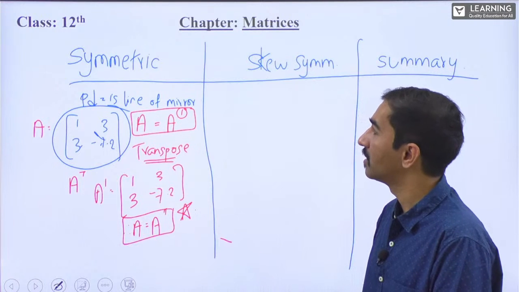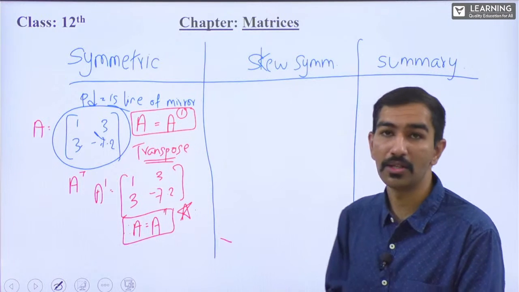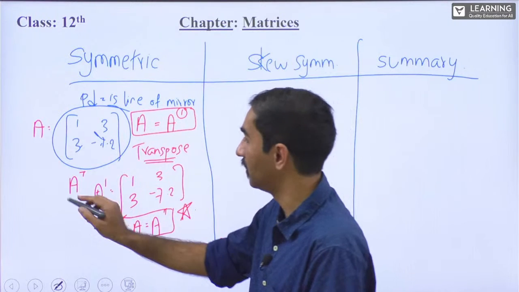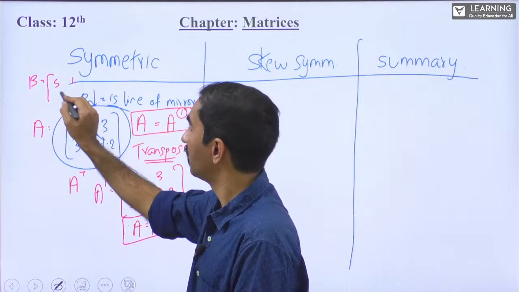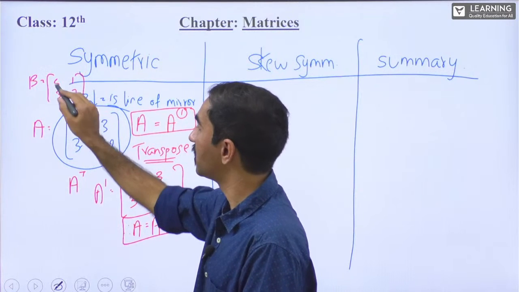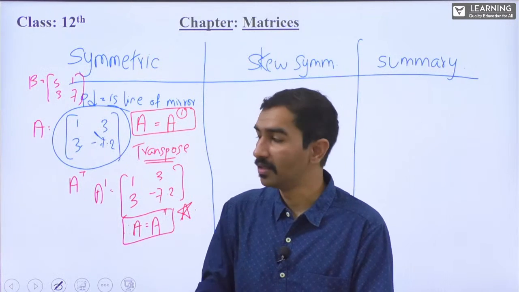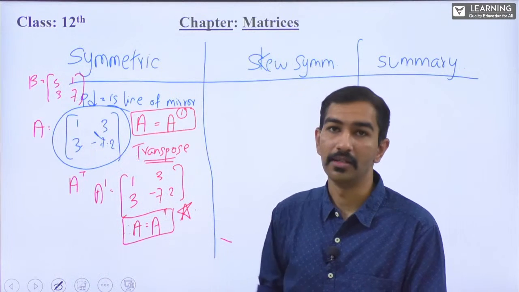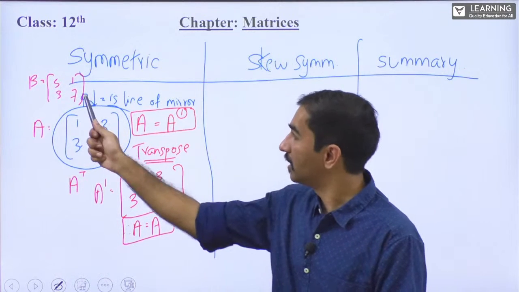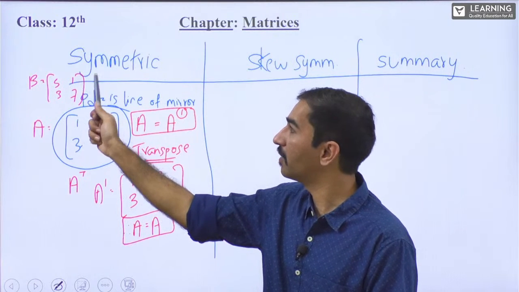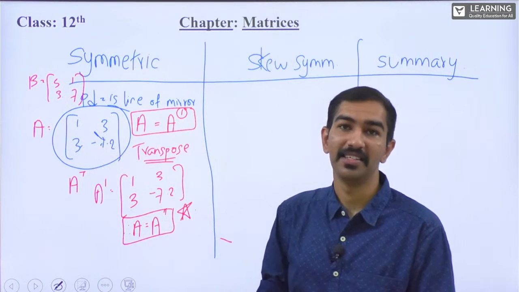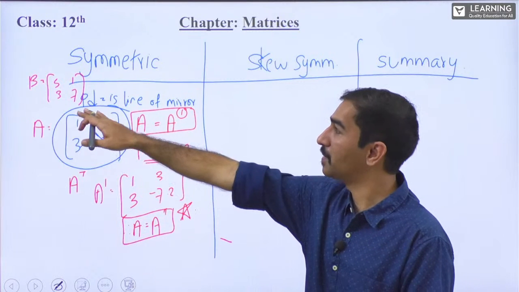Apart from this, if any matrix is given for you which is not symmetric matrix, so for example, let us take matrix B is equal to 5, 1, 3, 7. All the elements are different here. Is this symmetric matrix? No. How? Ignore the principal diagonal. The other elements must be mirror images, but they are not. Here we have 1 and here we have 3. So therefore, students, it is not a symmetric matrix.